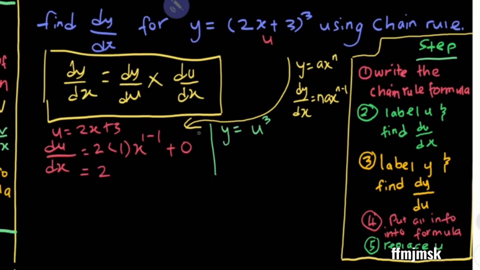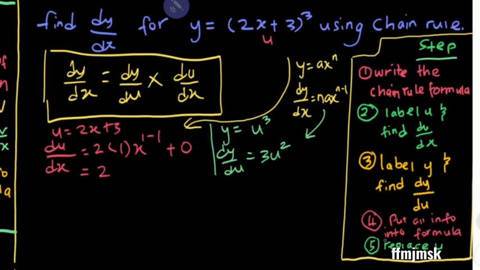So you just replace the u with the equation 2x plus 3 as u power of 3 and find dy over du. Here, using the basic rule of differentiation, you will get 3u power of 2.